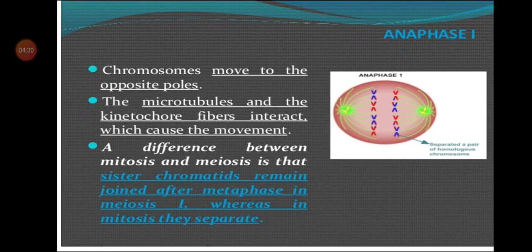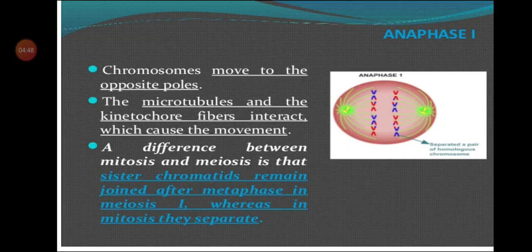So let us study anaphase 1. In anaphase 1, chromosomes move to the opposite poles. The microtubules and the kinetochore fibers interact, which causes the movement.